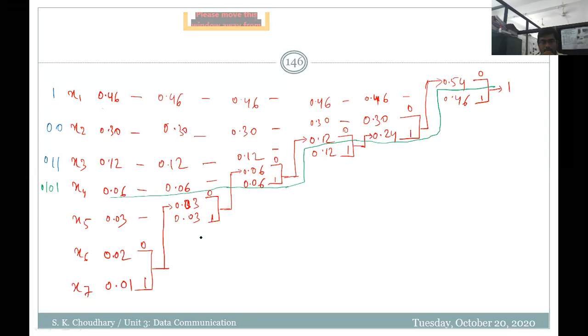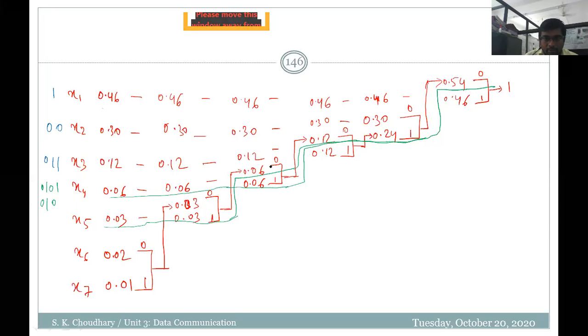Okay, the next one is x5. In x5, if you trace 0.3 here, it goes here, then again in this path. So up to this part it would be the same. So 0, 1, 0 would be common.